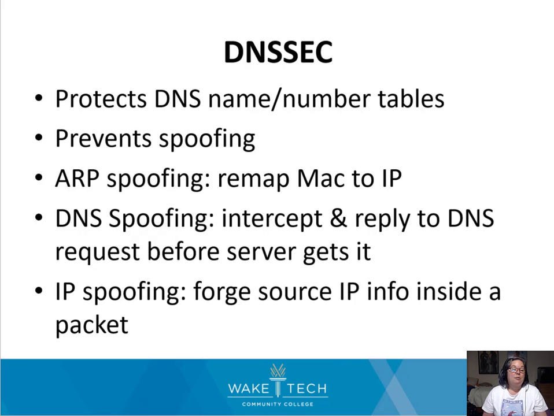There's also ARP spoofing, which is changing what MAC address is linked to an IP address. DNS spoofing is similar. It would intercept data and reply to a DNS request, saying, oh, you're looking for the mail server? Mail server's over here, and it gives an IP address of something else. So this spoofing is basically answering a request with misinformation that then gets populated to a table.